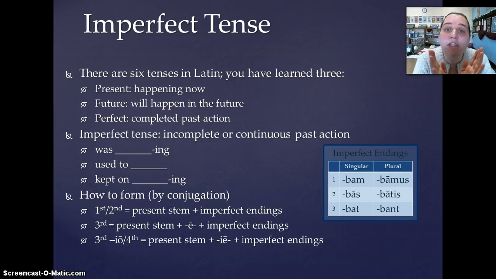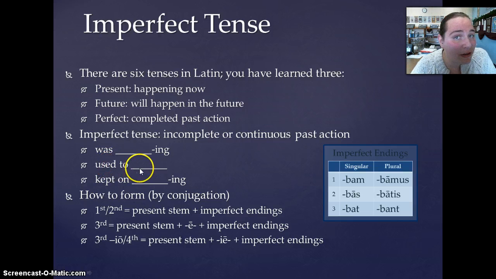We translate the perfect tense, using to love as our example, as I loved or I have loved. That is not how we translate the imperfect. The imperfect is translated as was loving.